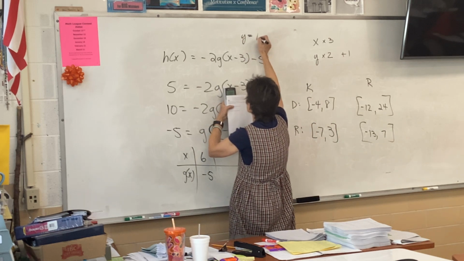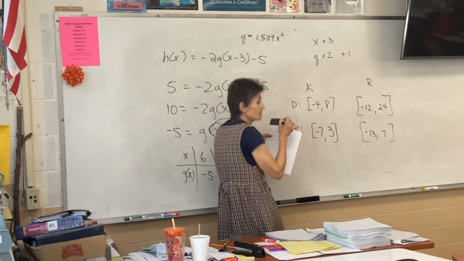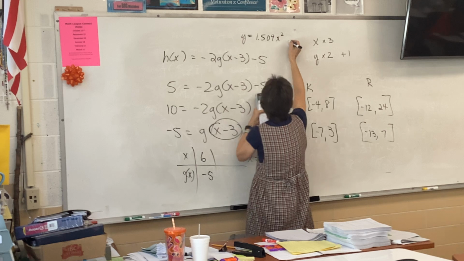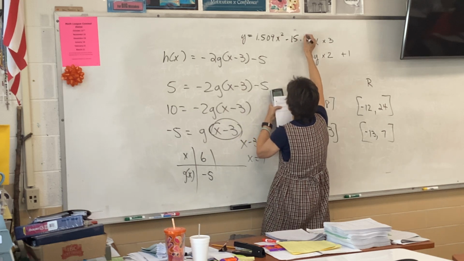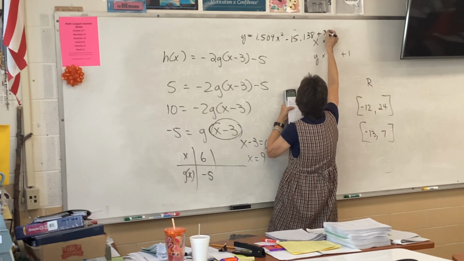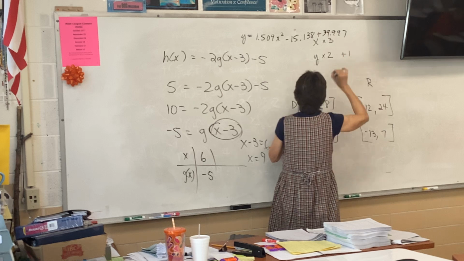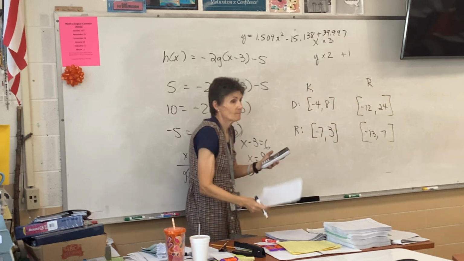I got 1.509 x squared, anybody else get that? Plus or minus 15.138 plus 39.997. Is that all right with everybody?